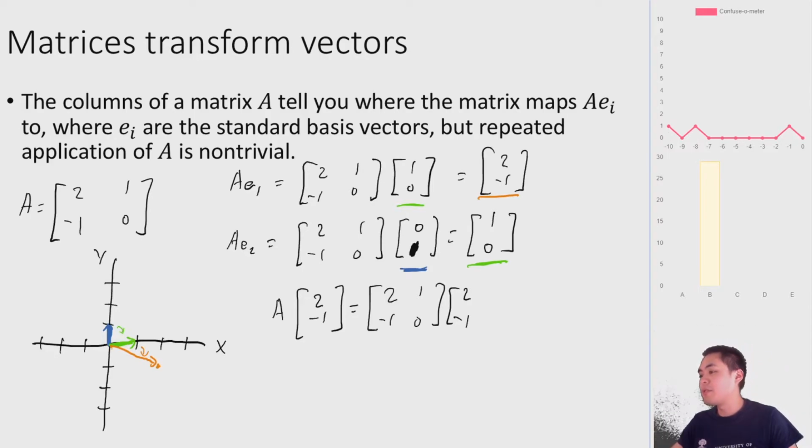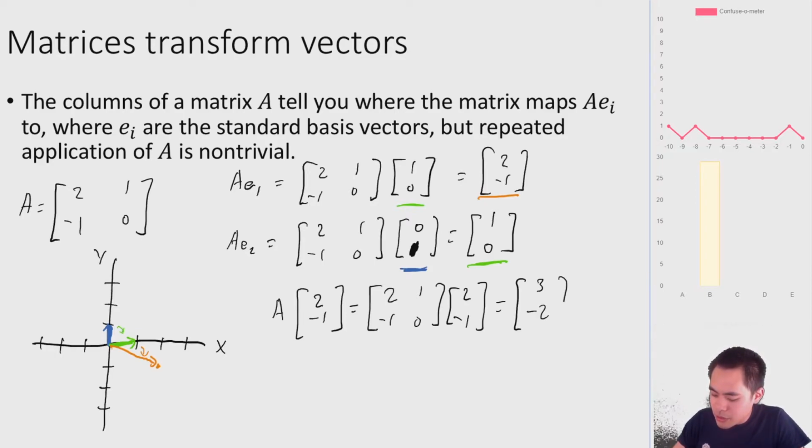The standard basis vectors are always [1, 0], [0, 1], or [1, 0, 0], [0, 1, 0], [0, 0, 1], etc. That's by definition. When you think about what a matrix means, one way is that it tells you where each of the standard basis vectors goes, and then you can add them together. That's another way of interpreting matrix multiplication. So when you multiply this out, you actually get [3, -2].